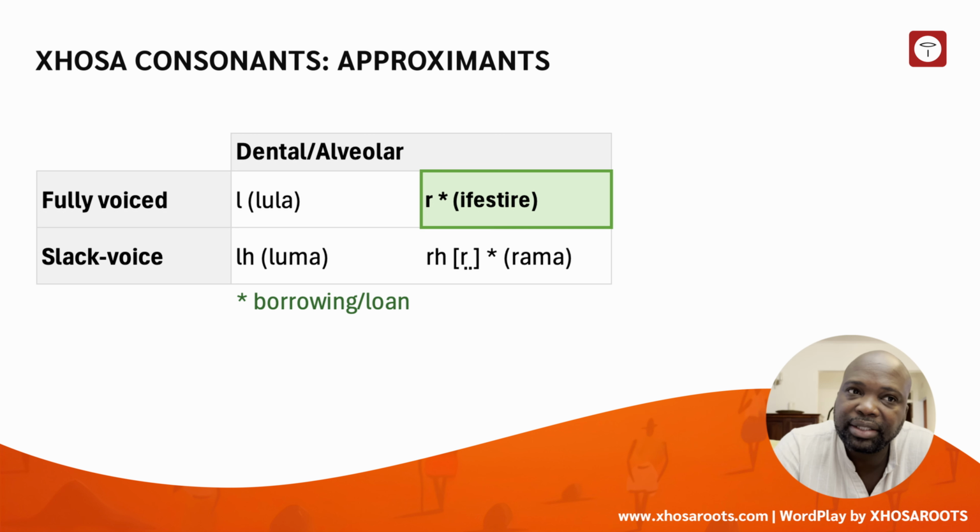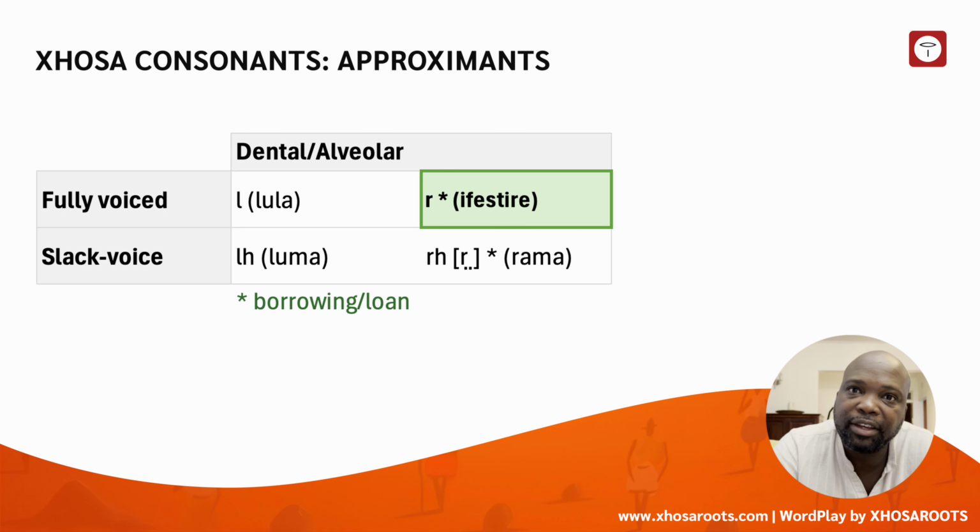And you'll find that for words like festire, coming from the Afrikaans word venster, it was sort of localized, or integrated into the Xhosa language. It was converted to make it more palatable for the Xhosa tongue.